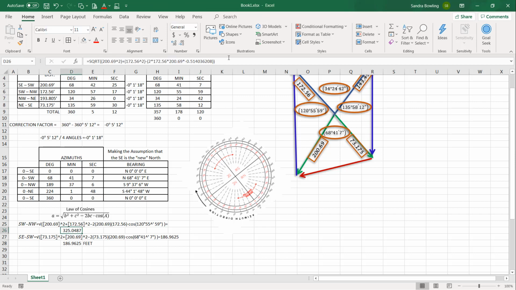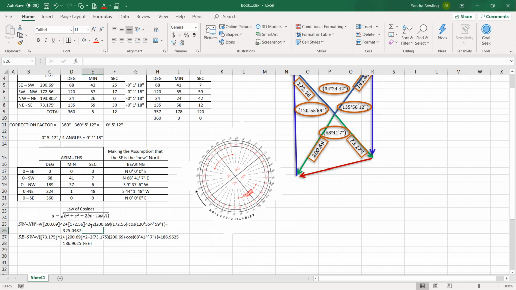So if you look at the formula here, I go 200.69 squared plus 172.56 squared minus 2 times 172.56 times 200.69 times cosine of 120 degrees, 55 minutes, and 59 seconds. Do all that math and then take the square root of it. I forgot to say that here. So you're going to take the square root of this.